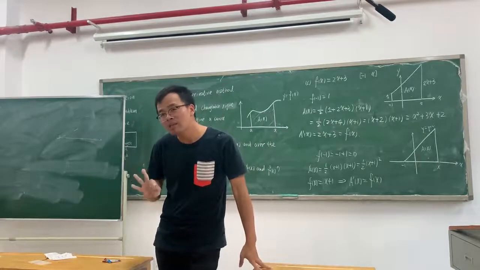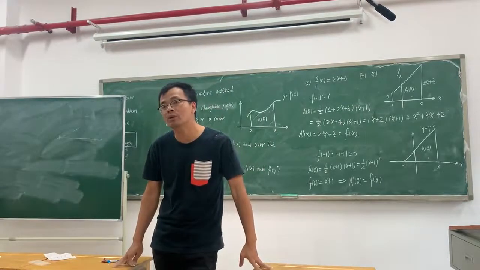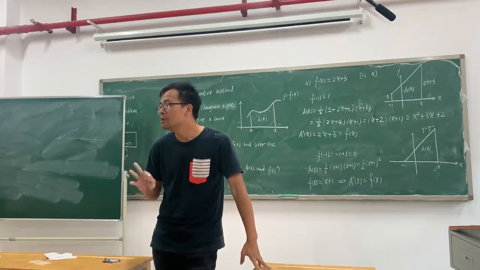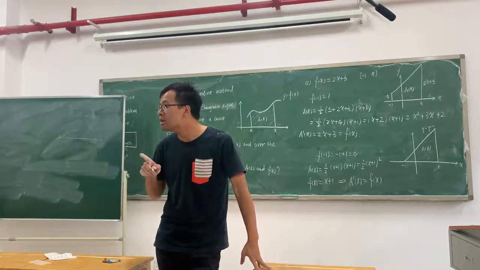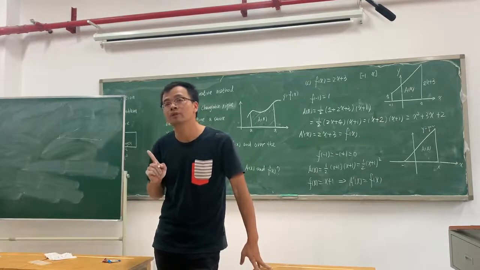So from these three examples, they tell us that the relationship between A(x) and f(x) is that the derivative of A equal to f.